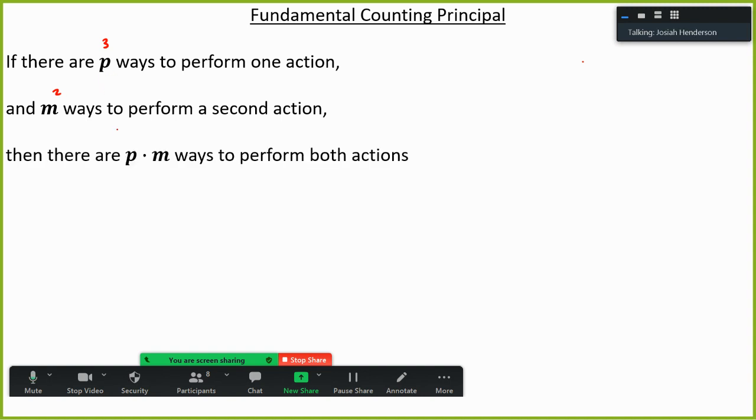Then there is P times M ways to perform both actions, to pick one of the actions, the second action, and mix them together. So there's a total number of P times M. 3 times 2 gave us that 6 ways to pick one person, one food.